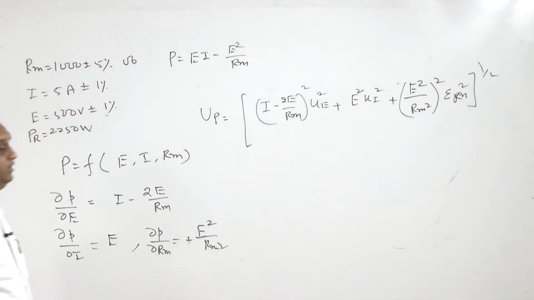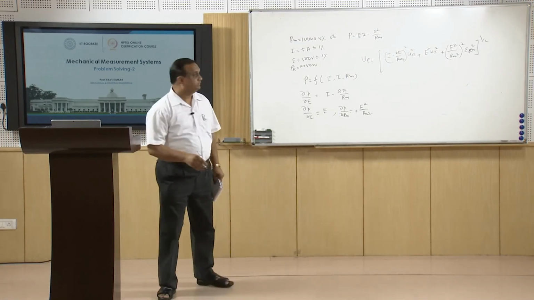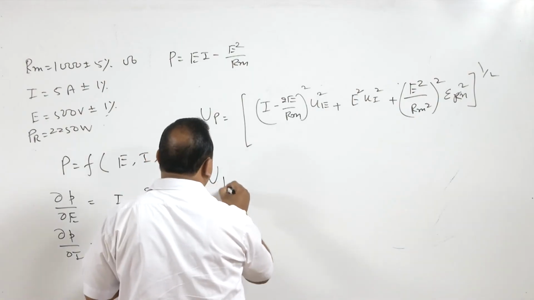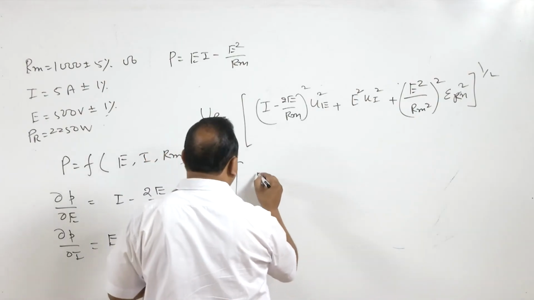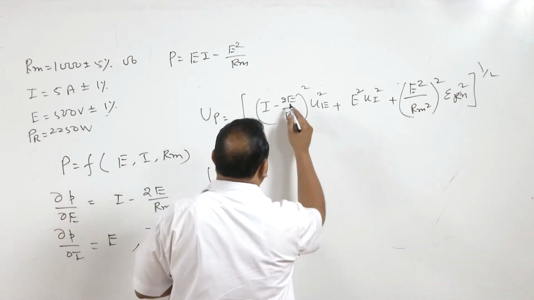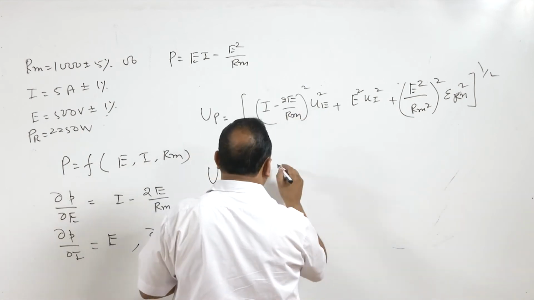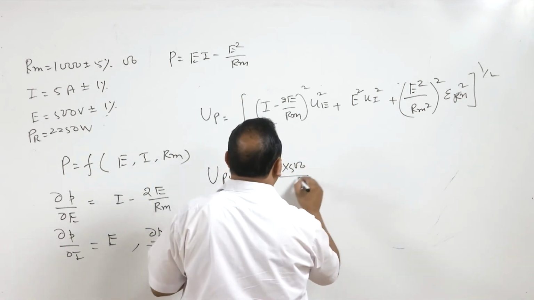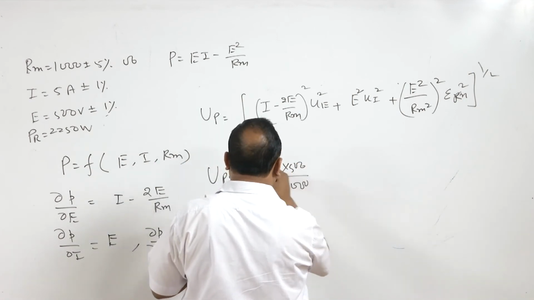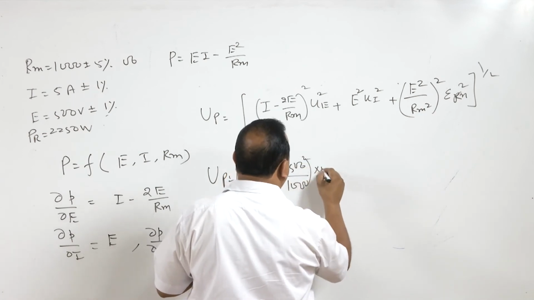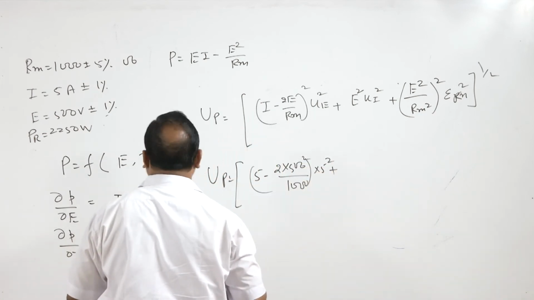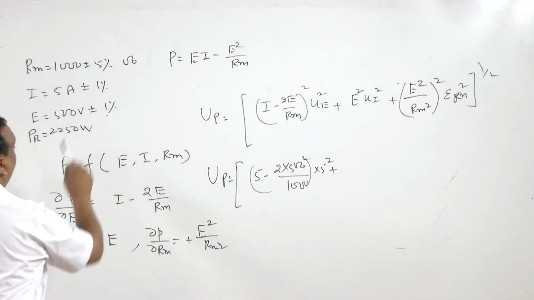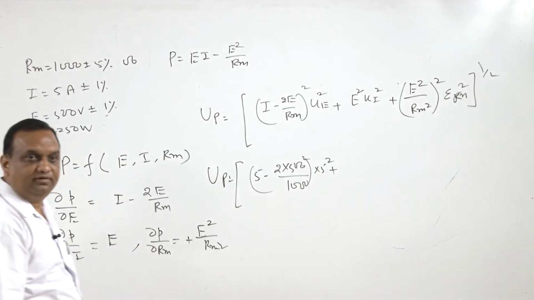Now, because the respective values are known to us, we can put the values. The uncertainty in the measurement of power is 5 minus 2E, 2 times E is 500, divided by Rm 1000, into 5 square, because UE is 1%, so 500 volts and 1% of 500 volts is 5.